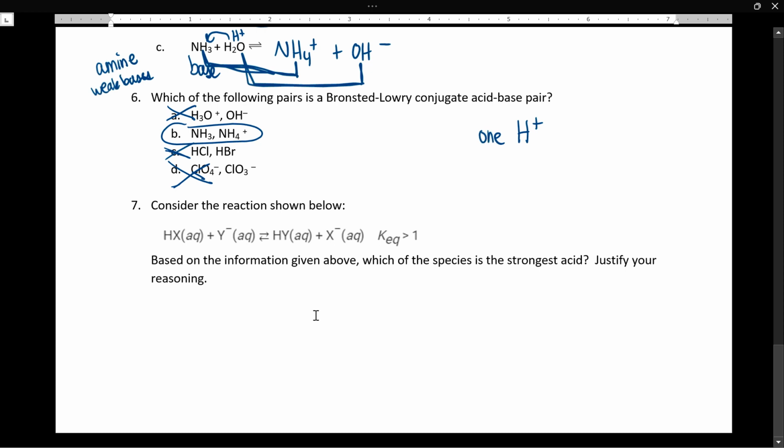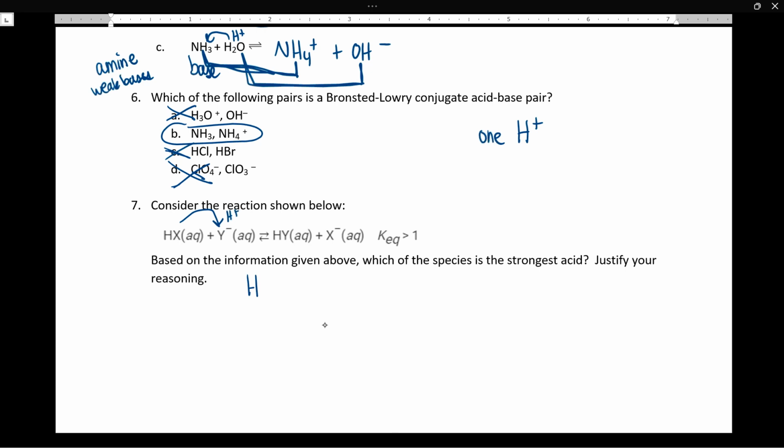All right, and then one other type of question you might see that's related to these Bronsted-Lowry equations would be something like this. So notice how I've got a generic equation, and I can take a look at this and see who's my acid and who's my base. So it looks as though my HX is being the acid. It is giving a hydrogen to Y minus, right?